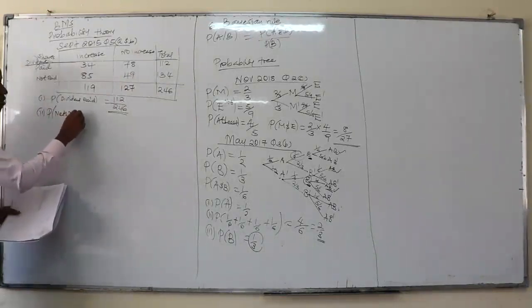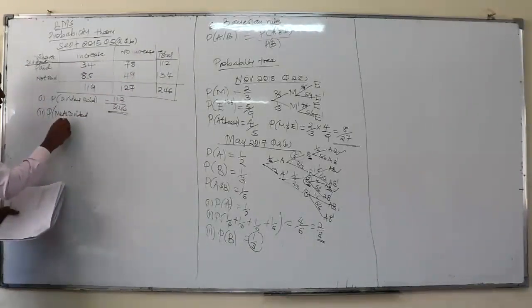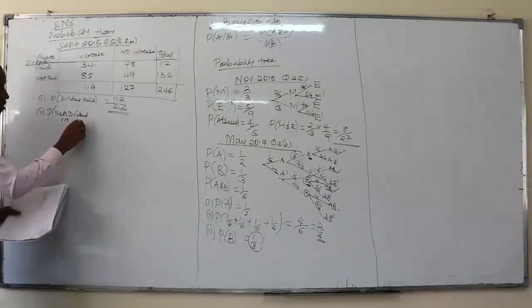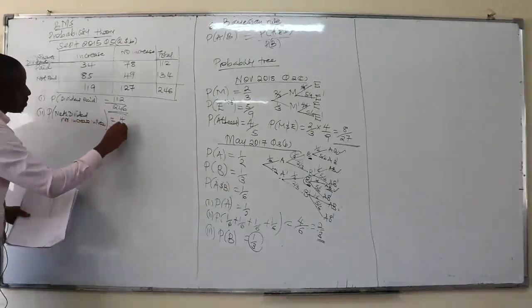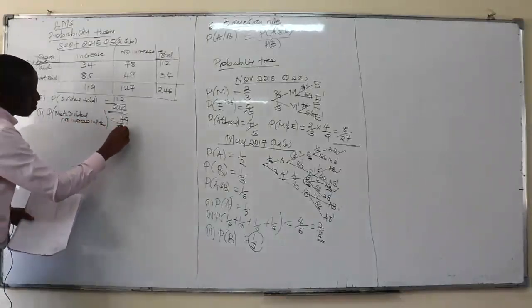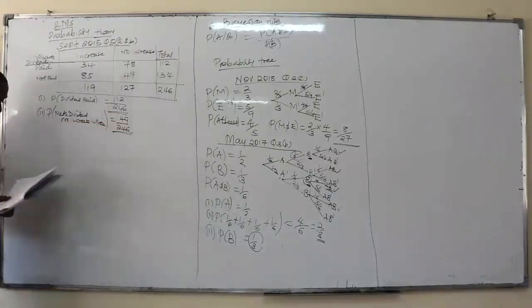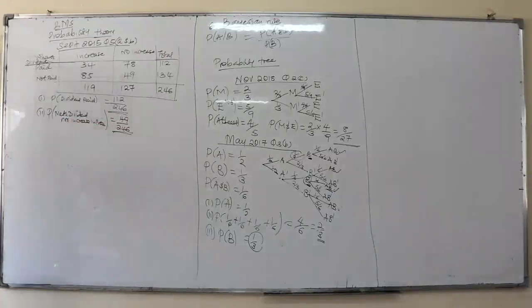So in that case, neither dividend paid nor increase in price, which in that case is just 49 over 246. Then the last, a selected share paid dividend given that it had increased in price.